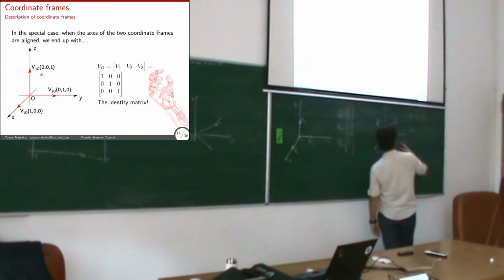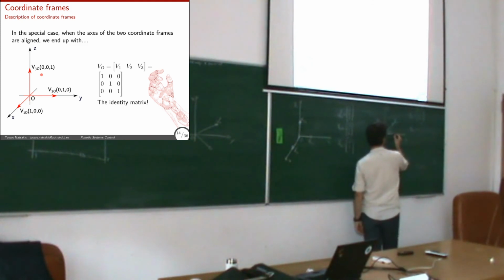It's this distance here and this distance here. If this is a unit vector and this is 45 degrees, then the two distances are the same.